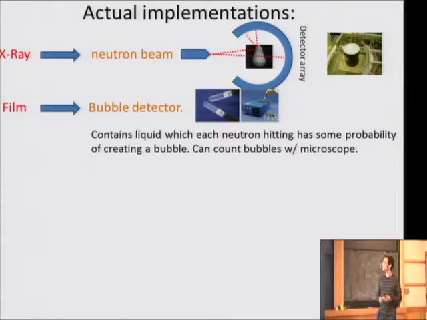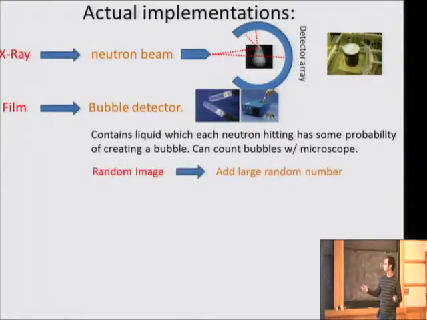Anna could pre-shoot some neutrons at it beforehand, pre-exposing it to a random image, and then you put them in the machine. You can't see with the naked eye how many bubbles there are; you have to put it in a microscope and count. So that will be exactly like a film.